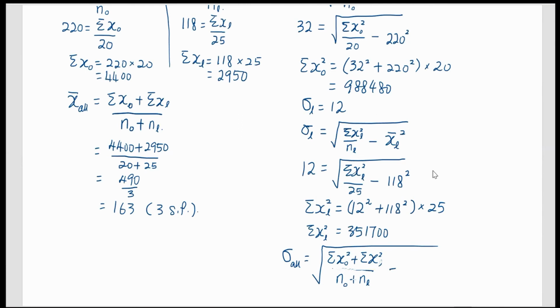And the mean of all is actually sigma x of the oranges plus sigma x of the lemon divided by n of oranges and lemon.